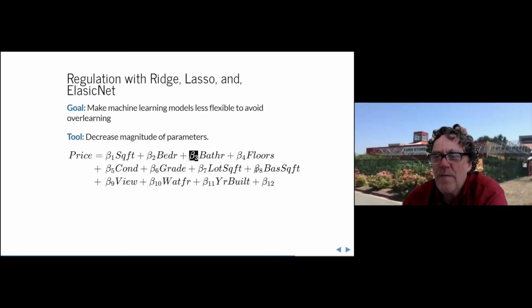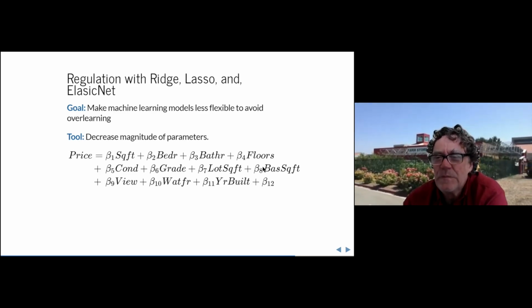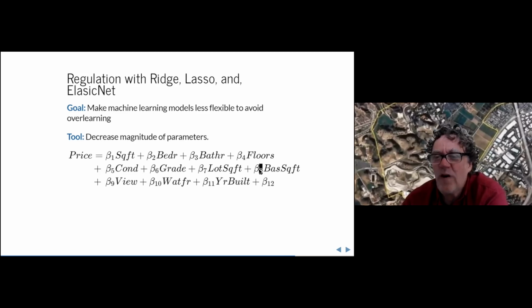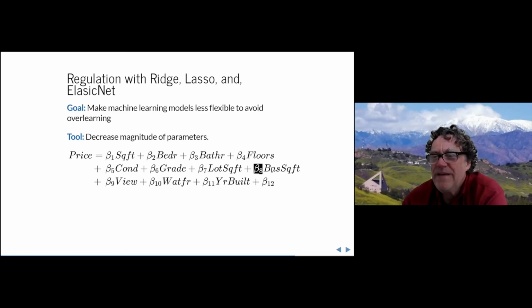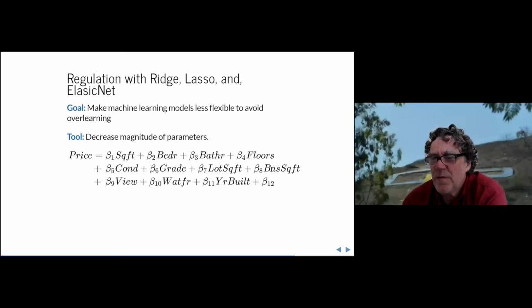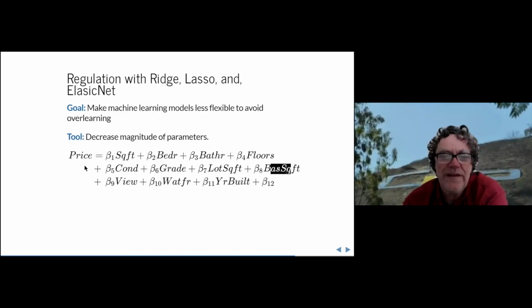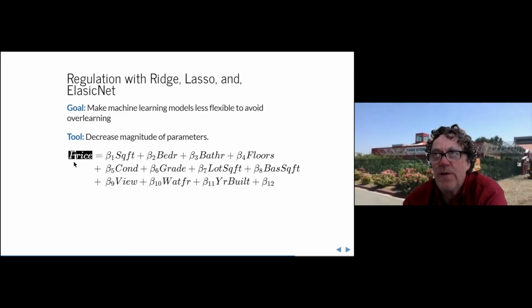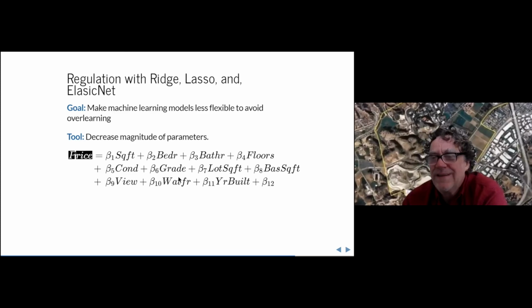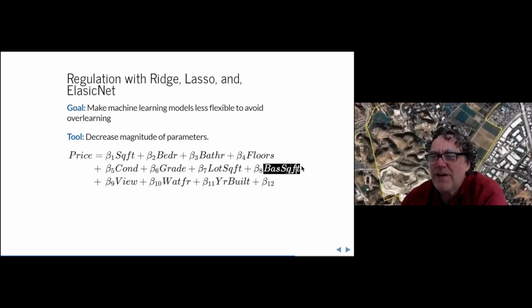Let's look at our bad apple here. If we shave off a little bit of this parameter, well, a change of square footage in the basement will have a smaller impact on price. Well, this was anyway not a very clear impact.